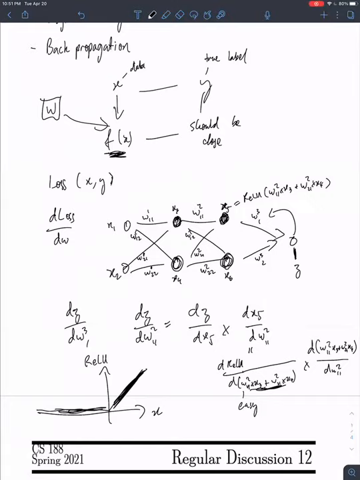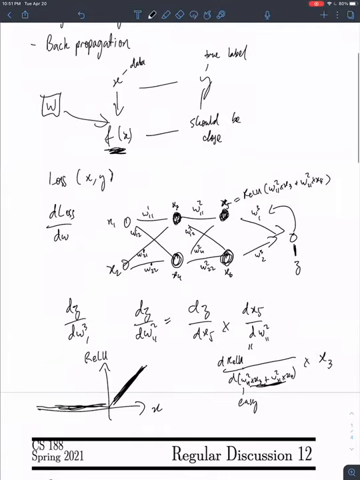This whole expression is w112 times x3 plus some other stuff, so this is just equal to x3. Because I know the values of x3 and x1 and so on, since I computed them when I did my forward pass.